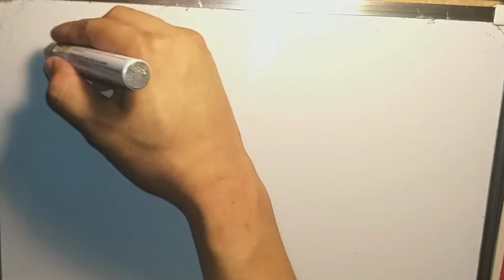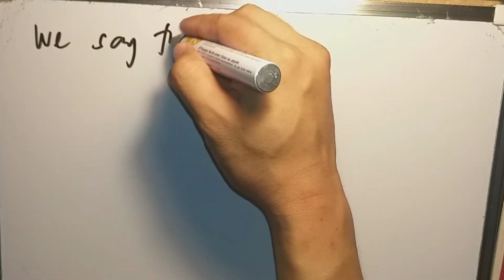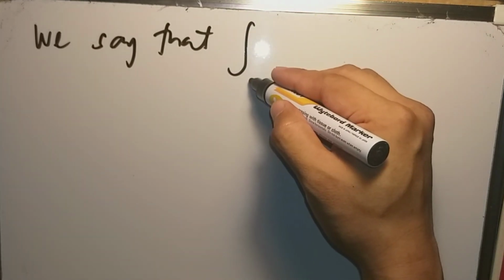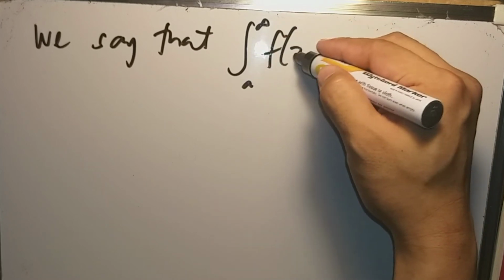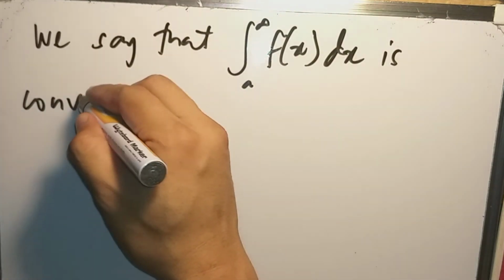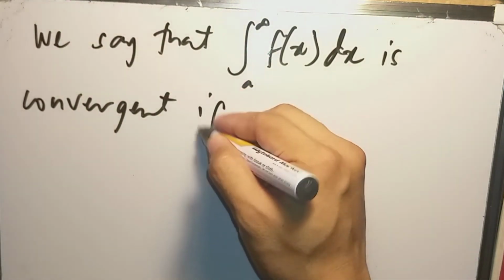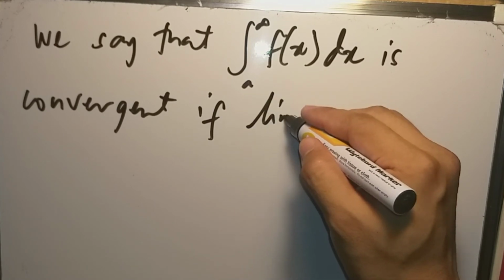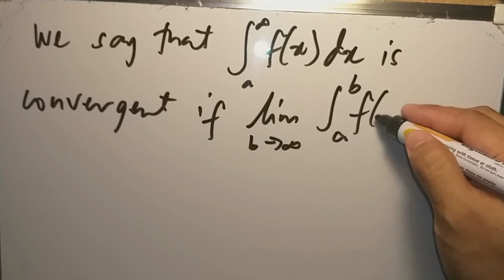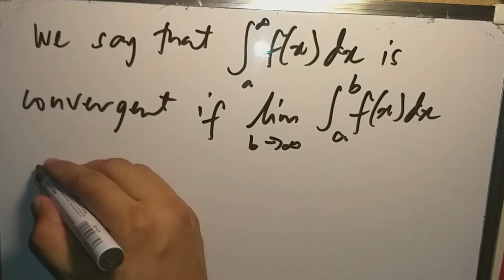Okay, so we also have convergence and divergence in improper integrals. Now, we say that this integral, integral from a to infinity of f of x dx, is convergent if this limit exists.